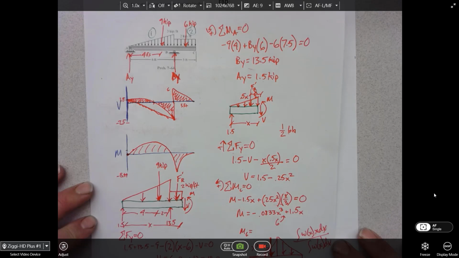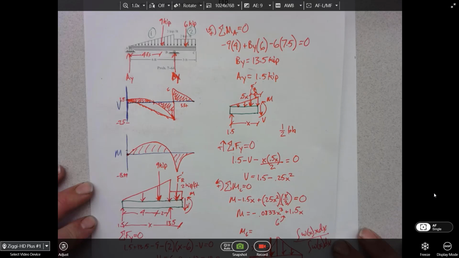So the slope of this is 0.5, right? The magnitude of the distributed load is just 0.5x. And I got that because I know by the time I get to 6, I have a magnitude of 3. So the rise over the run, 3 over 6, gives me 0.5, which is the slope of this line. So then the magnitude of this guy is going to be 0.5x.